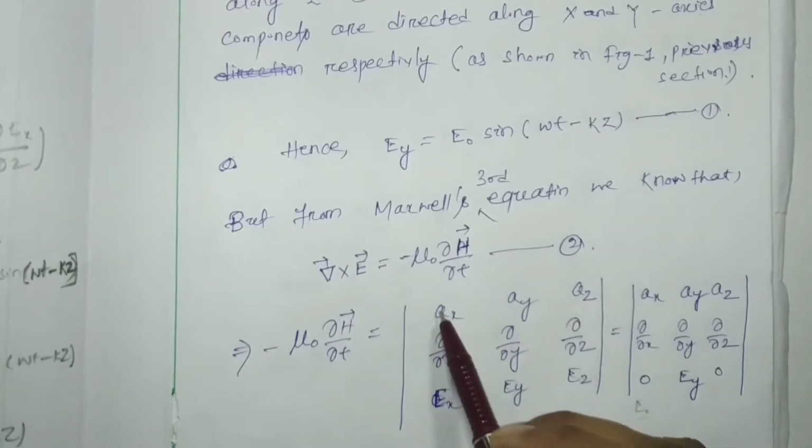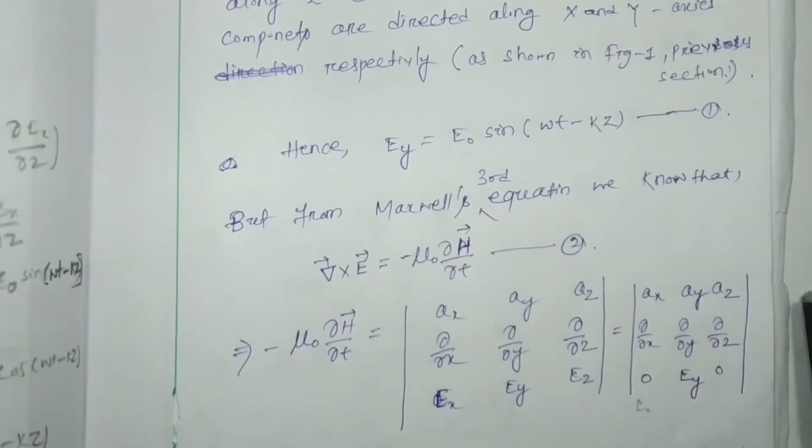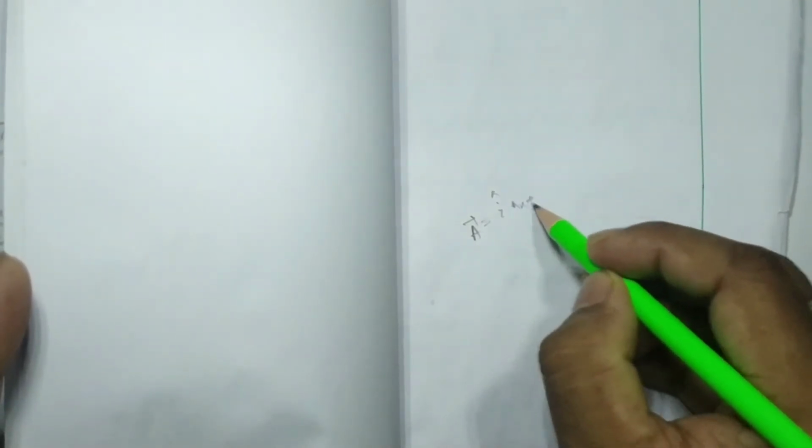Okay, you can remember that any vector can be represented as I cap ax plus j cap ay plus k cap az, like this.